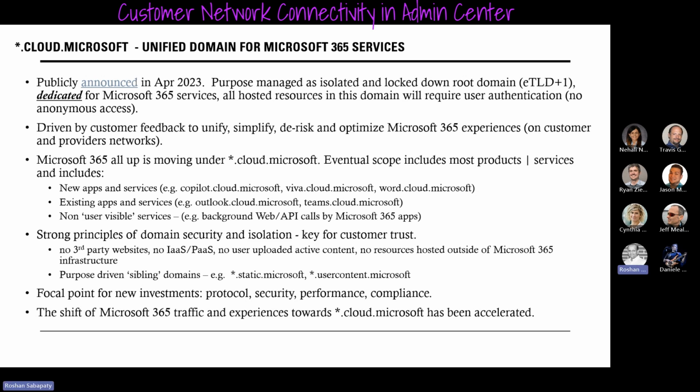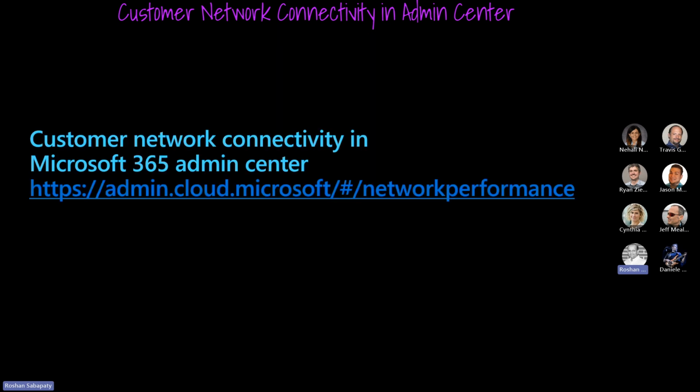So let's dive into the features and tools we have for you today. For Microsoft 365 tenant admins, there is a place in Admin Center to visualize the impact on your end users due to network connectivity choices made by your organization for sending the end user traffic to Microsoft 365.